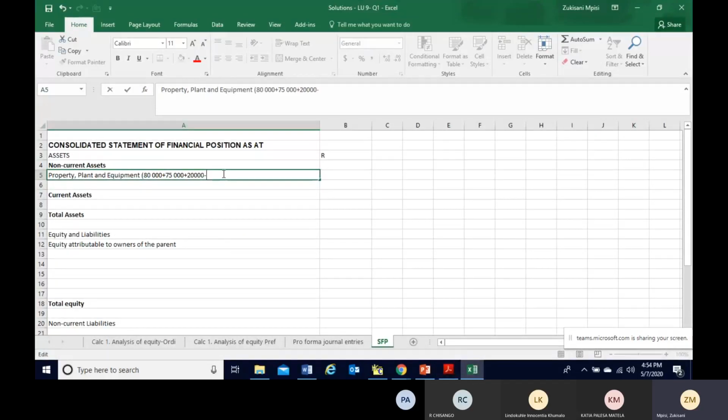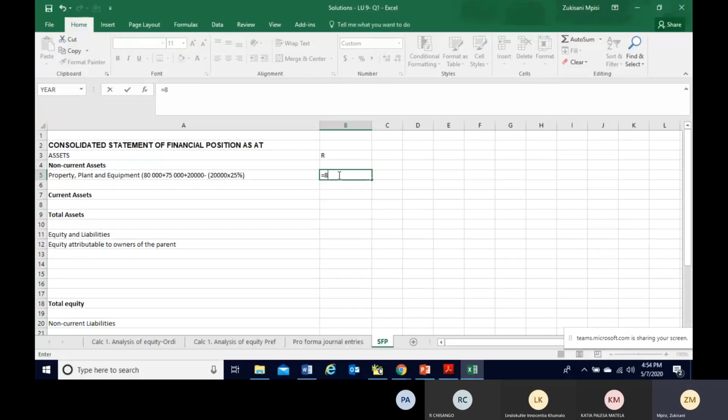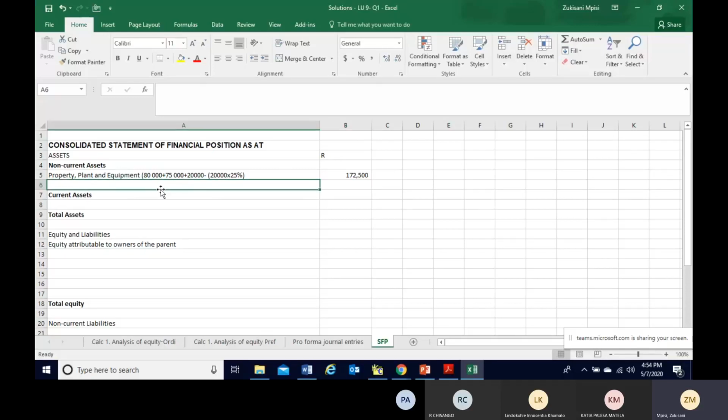So we're going to need to say minus here 20,000 multiplied by 25%, which is cost plus, which means it's going to be 80,000 plus 75,000 plus 20,000 minus 2,500, which gives you 172,500. So let's look at our analysis of equity.